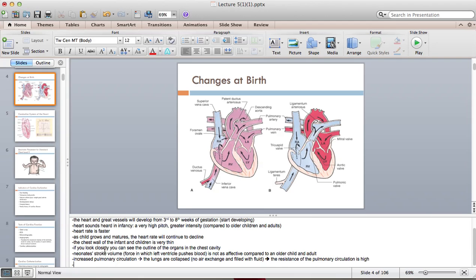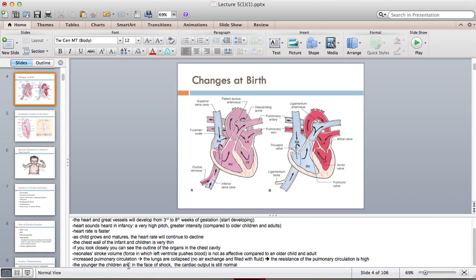Another thing you will notice, and the younger the children are, the more you will see this phenomenon, is that in the face of shock, you may still notice that the cardiac output is still normal, even though that child is in shock.